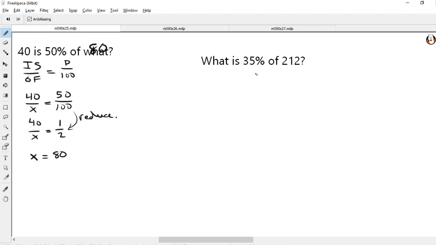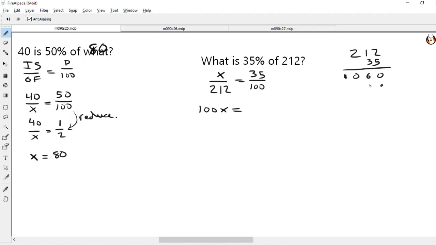What is 35% of 212? In this case, we don't know what the top of this ratio is. We do know the bottom, 212. And then we're going to stick that 35 over 100. And we can go ahead and multiply: 100x is equal to, well, let's see here, 212 times 35. 2 times 5 is 10, 1 times 5 is 5, 2 times 5 is 10.